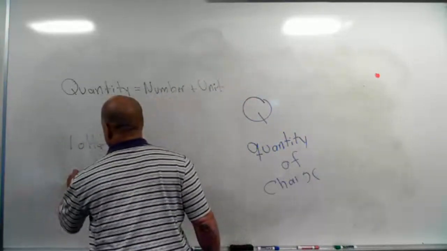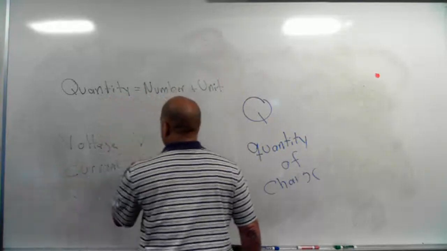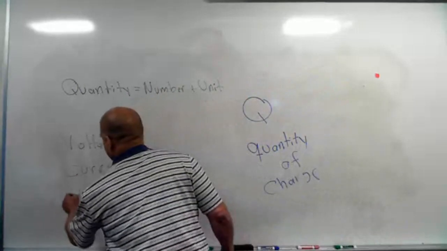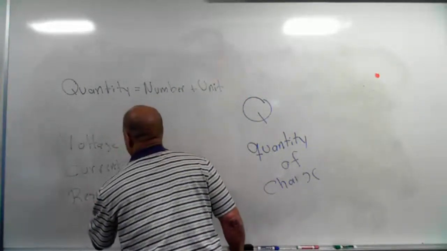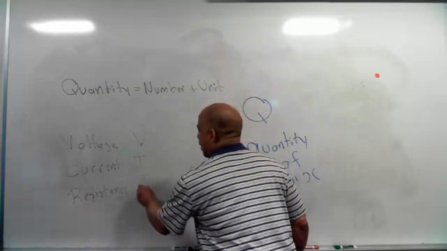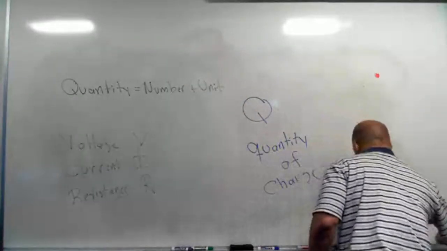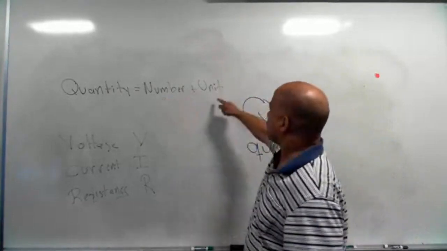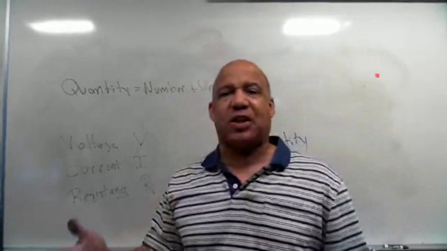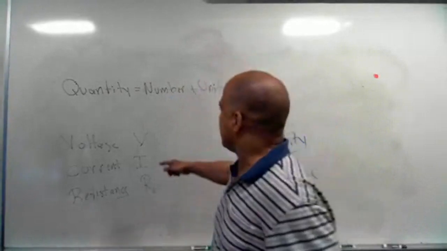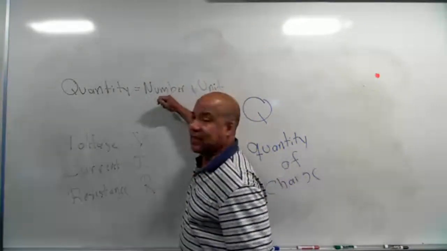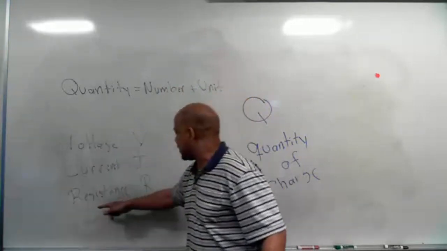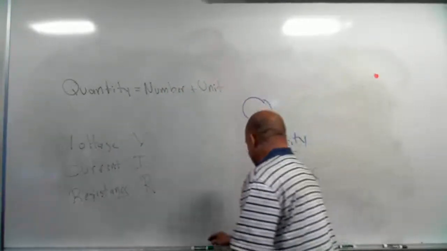If I want to talk about current, I use the letter I to represent the idea of current. If I want to talk about resistance, I use the letter R to represent that concept of resistance. Well, that represents the number part. For voltage, I use a V. For current, I use an I. For resistance, I use an R. And for charge, I use a Q.